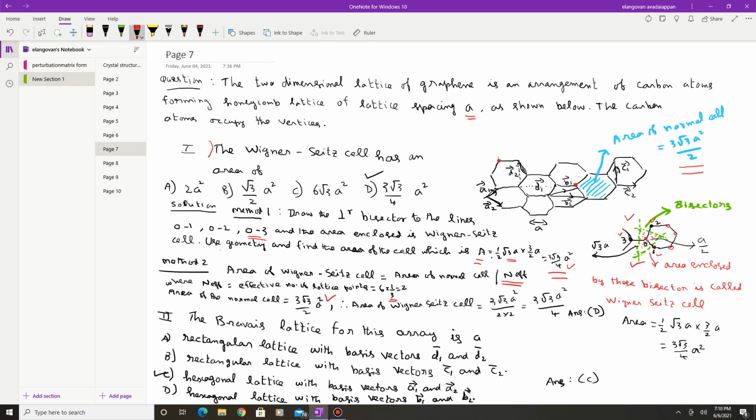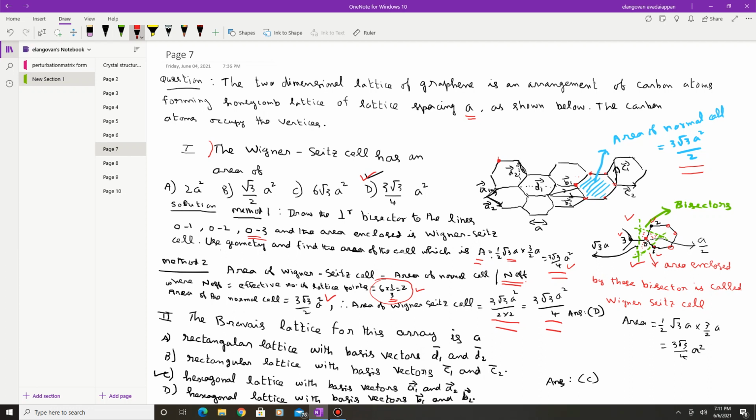There are 6 corner atoms, 1, 2, 3, 4, 5, 6. So 6 into 1 by 3 gives 2. So this is n effective. The area of the Wigner's cell is the area of the cell divided by n effective. Once you substitute this, you will get 3 root 3 by 4 a square. So option D is correct.